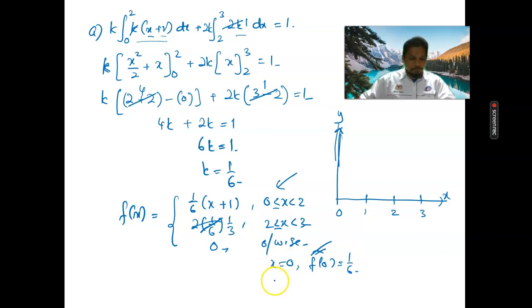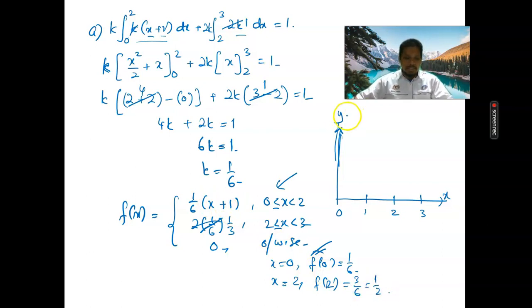And then when x equal to 2, from 0 until 2, then f(2) equal to 2 plus 1 equal to 3. So 3 over 6, or 1 over 2. So then, let's say this is 1 over 6, 2 over 6, and 3 over 6.